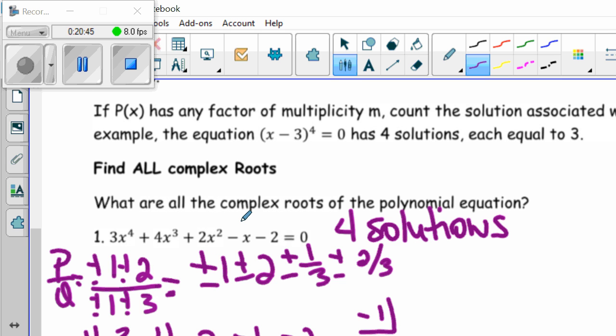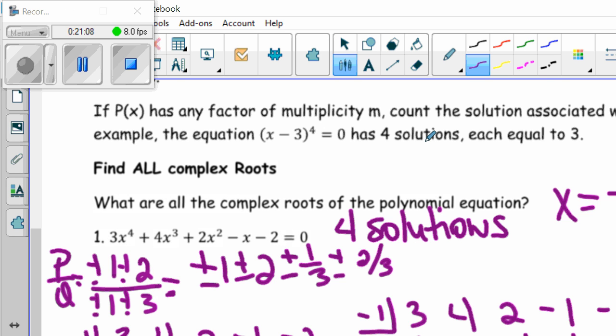Okay, so positive 1 didn't work, so now I'm going to try negative 1. So 3, 4, 2, negative 1, negative 2. Bring my 3 down, so negative 3, 1, negative 1, 1, negative 1, negative 2. Look at that. Yay, so I know one of my answers is x equals negative 1. Okay. Now, where am I at?